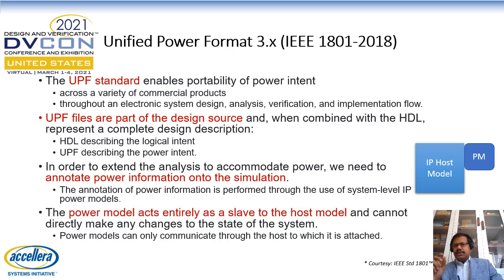These power models cannot directly make any change onto the state of the IP host model. It can only communicate through the IP host model to which it is connected. So it does not directly talk to other power models corresponding to other IP models as well.